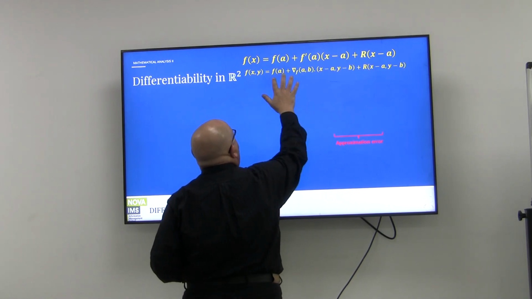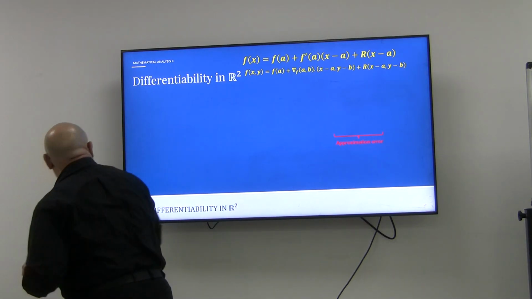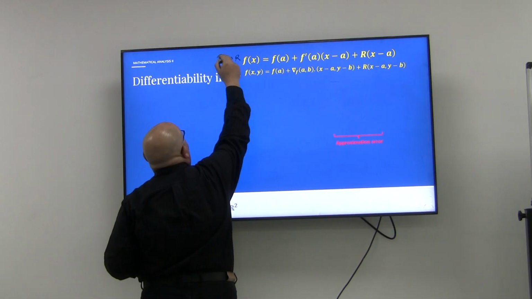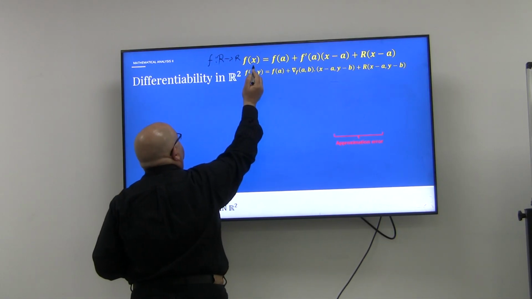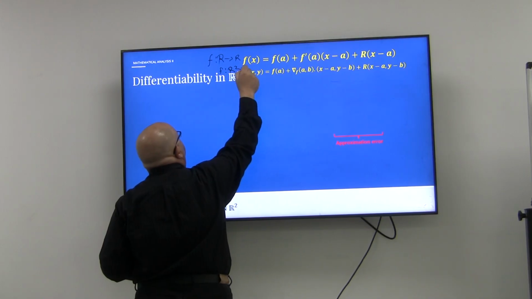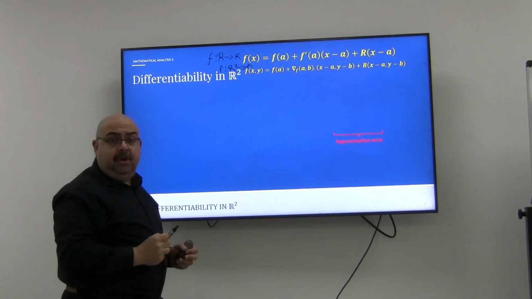R. This is from R to R, okay? And this equation is for f running from R2 into R, and for Rn, it will be a generalization of this function.